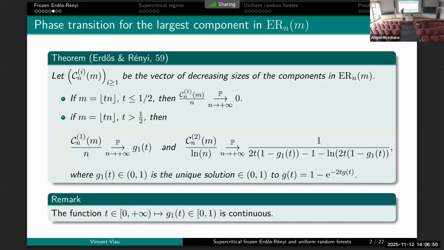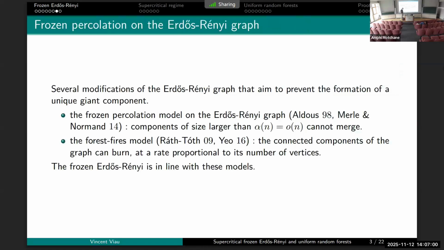Okay, so this phase transition result motivated many researchers to introduce random graph models that prevent the formation of a unique giant component. In this direction, I just put two examples.